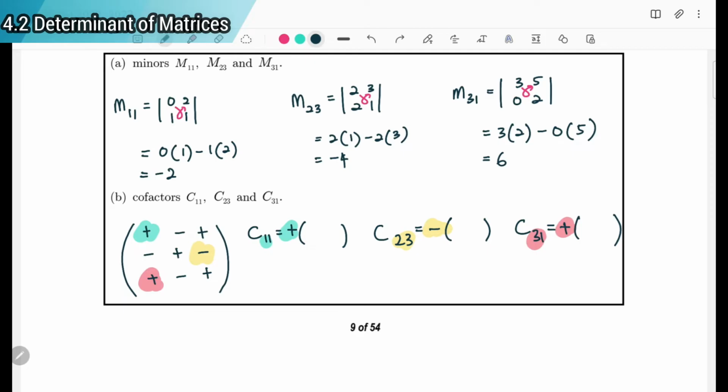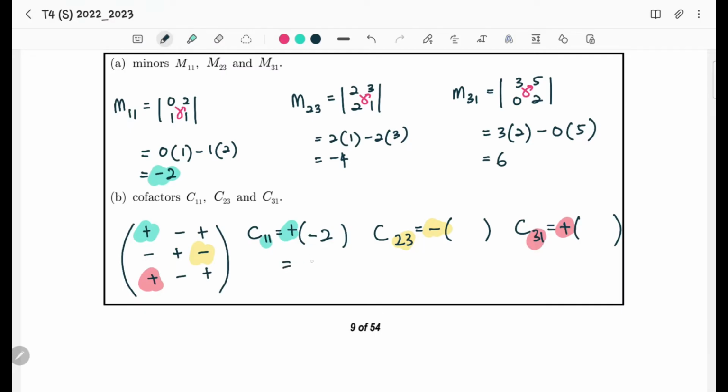For C11, I refer to the one highlighted in green. The sign is plus, and the minor for 11 is negative 2. Just copy it here and simplify, you get negative 2. Then the one in yellow for C23, second row, third column.